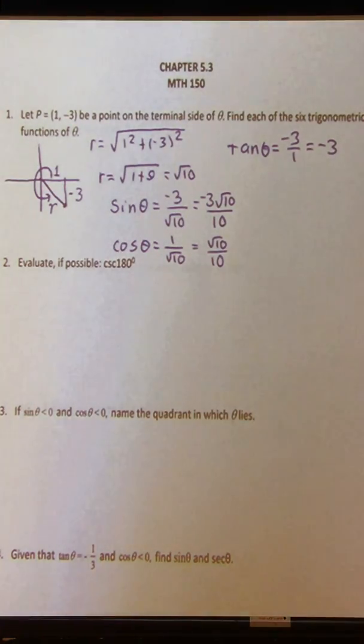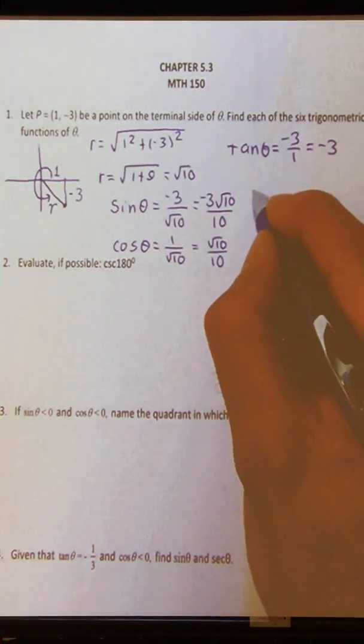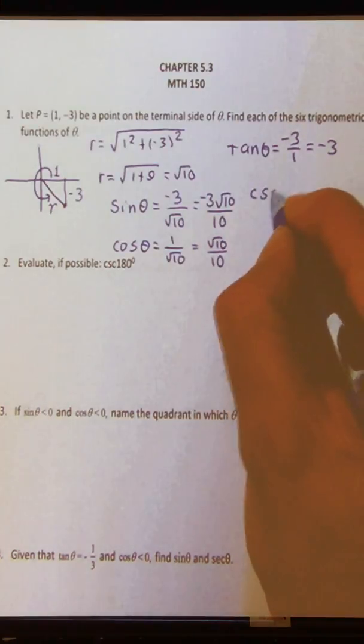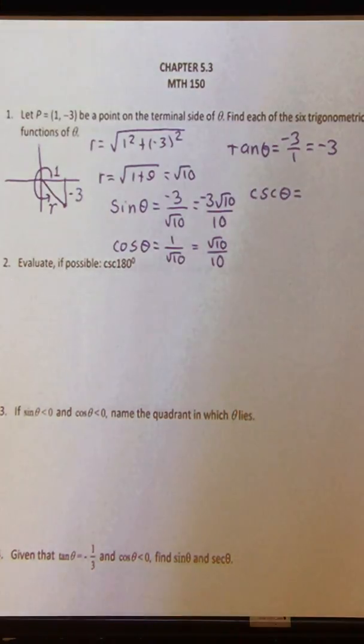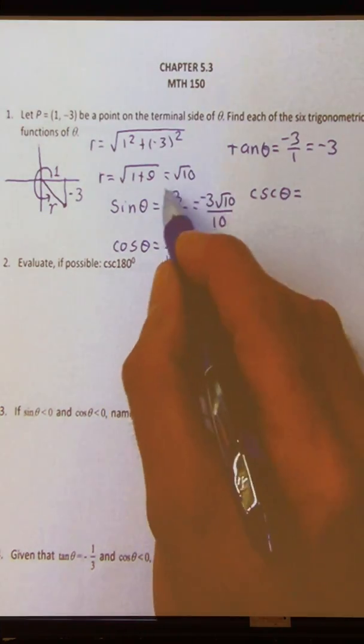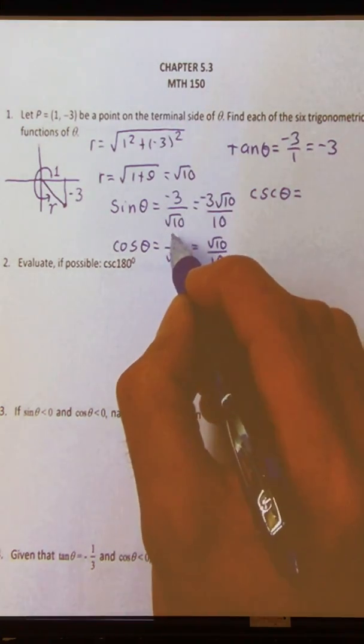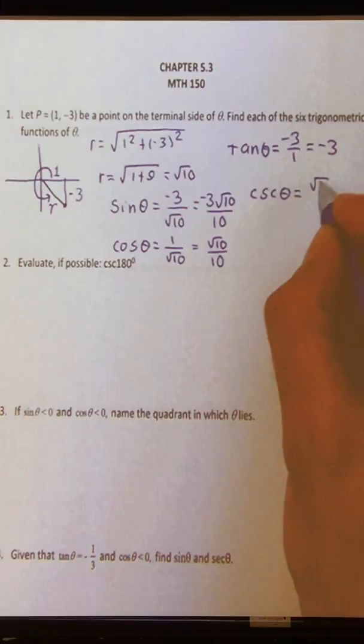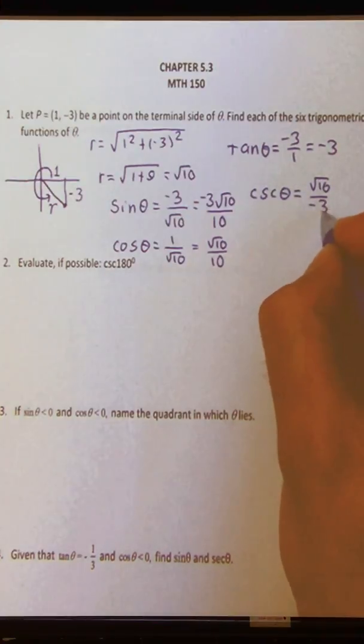Now we get the remaining 3 trig functions for free. The cosecant of the angle is the reciprocal of the sine, or you could use hypotenuse over opposite. That would work too. I would reciprocate this one here, and then we don't need to re-rationalize, and that'll give us root 10 over -3.